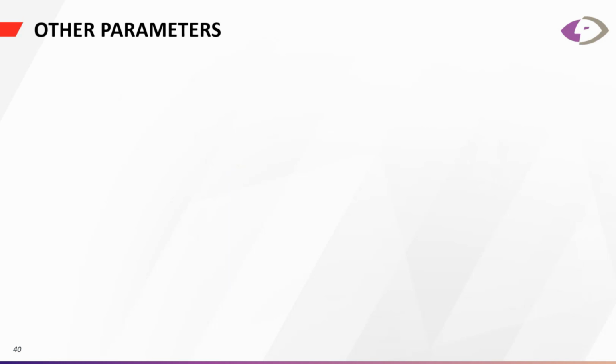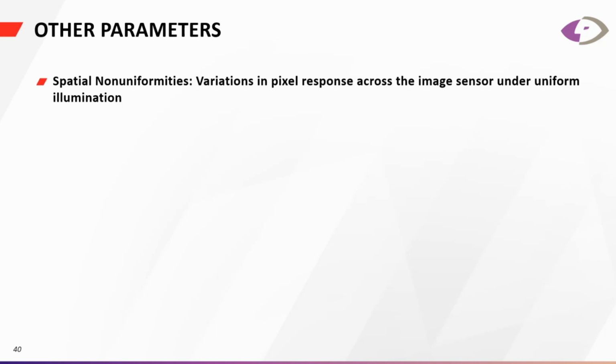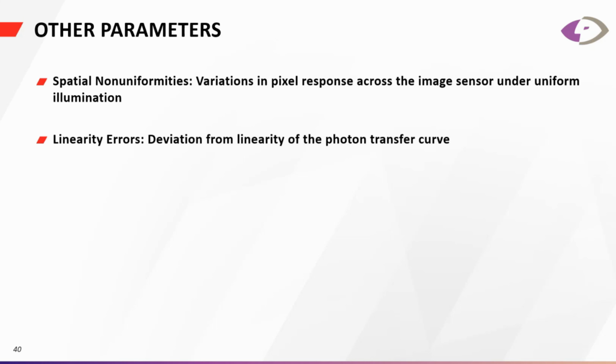All right, thank you, Stephen. Now, finishing up with other parameters that aren't as paramount as quantum efficiency, temporal dark noise, and the pixel area. On the EMVA spec sheet, you also see spatial non-uniformities, which are the variations in pixel response across the image sensor under uniform illumination. You have linearity errors, which are deviation from linearity of the photon transfer curve.